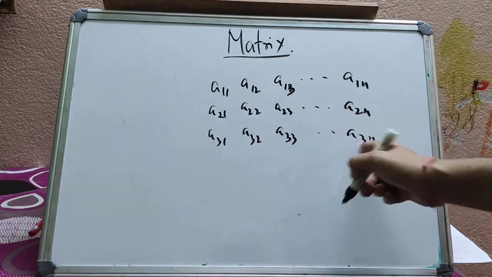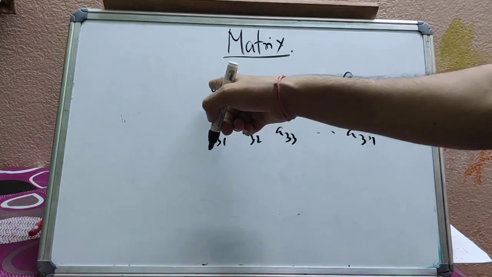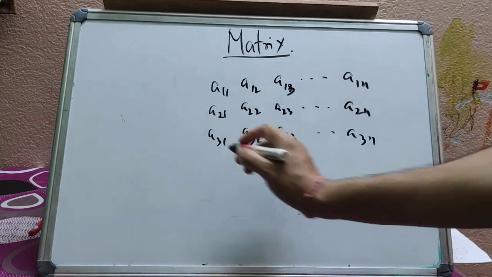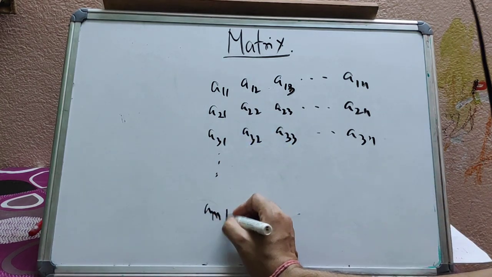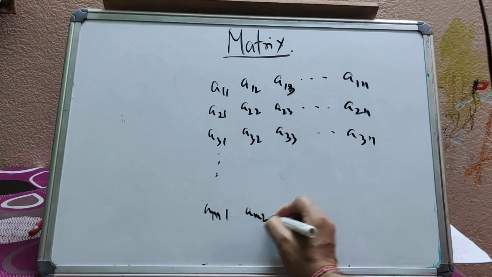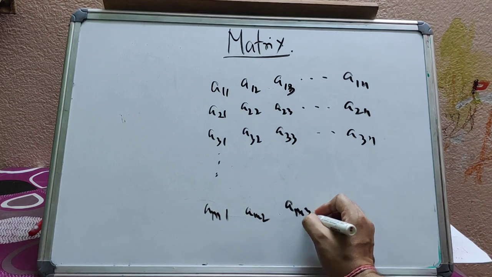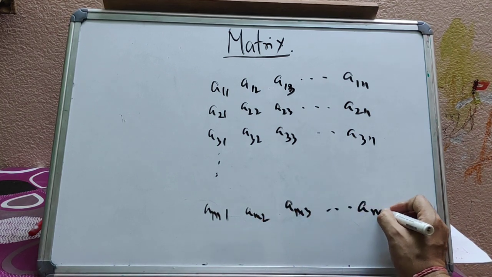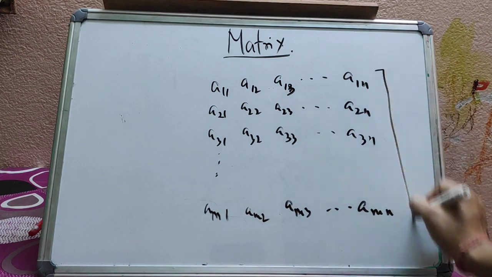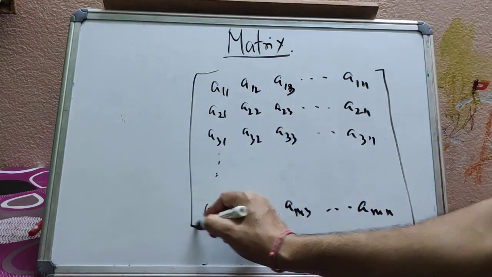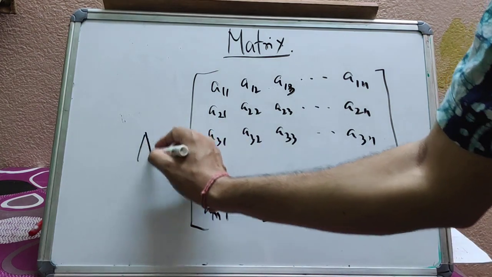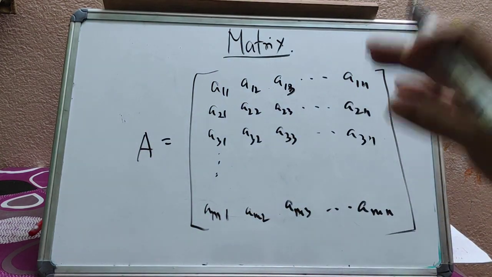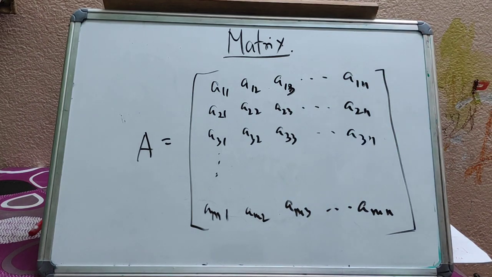Here also n number of columns in this row. In every row there are n number of columns. In this way we write am1, am2, am3 up to amn, and enclose it in the symbol of matrix. Let us try to understand what we have written there.